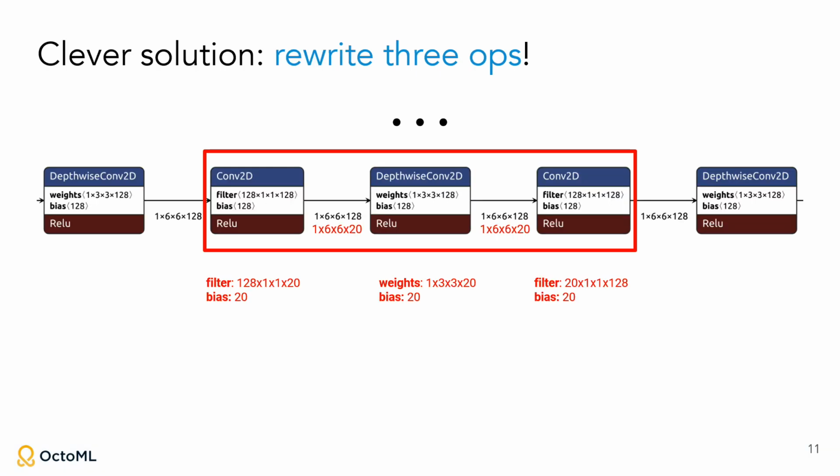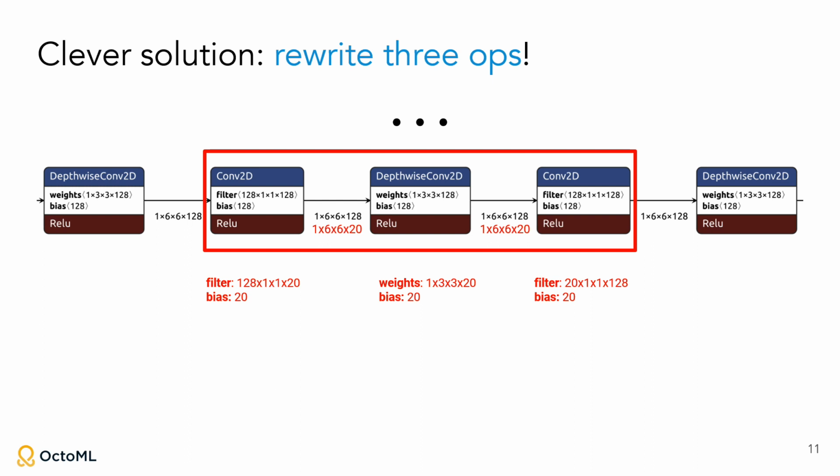So let's go back to exactly what's being done. We start out with this block of 3 operators, the 1 by 6 by 6 by 128 input, that has a filter that starts out as being 128 by 1 by 1 by 128. But in this case, 108 of the output channels are 0.